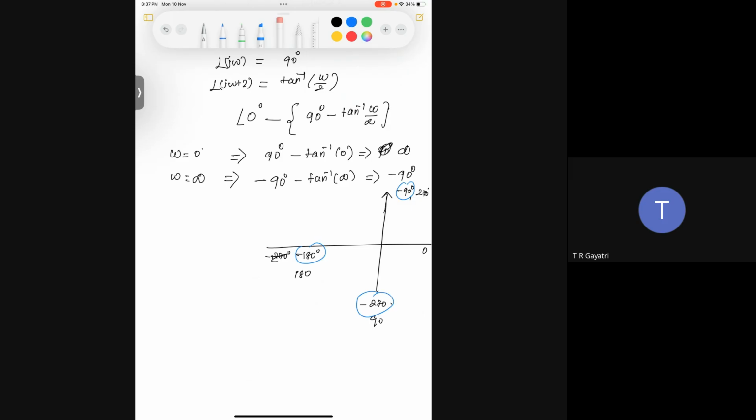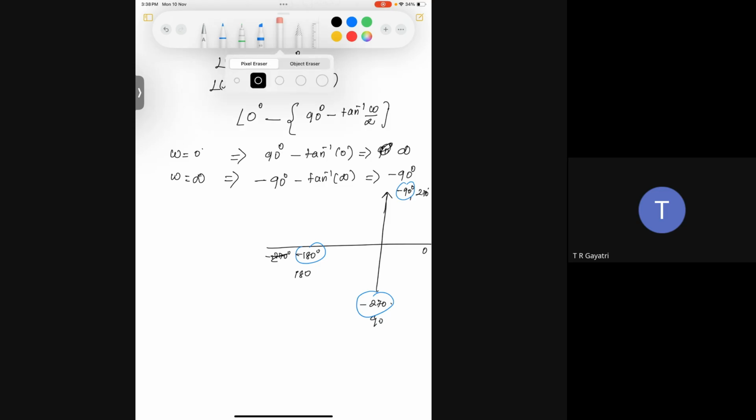It comes from infinity when omega equals 0. Tan inverse of 0 is also 0.